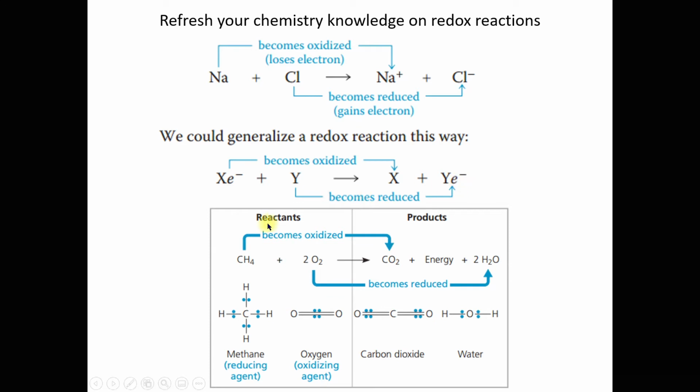So if these are the reactants and products, the methane will be oxidized into carbon dioxide, while the oxygen will be reduced to water. So we can conclude that the methane becomes oxidized, so the methane is a reducing agent, while the oxygen is being reduced, so the oxygen is an oxidizing agent.